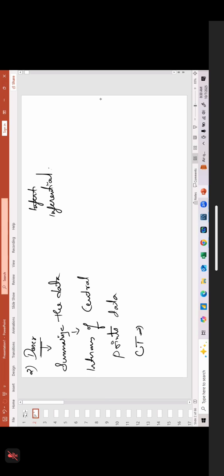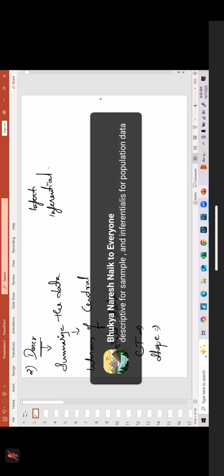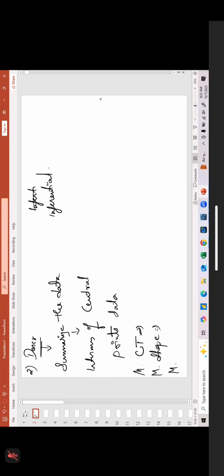After this, what else do we have in descriptive? Measure of shape. This is measure of central tendency. This is measure of shape. One more thing, measure of dispersion. What is dispersion?